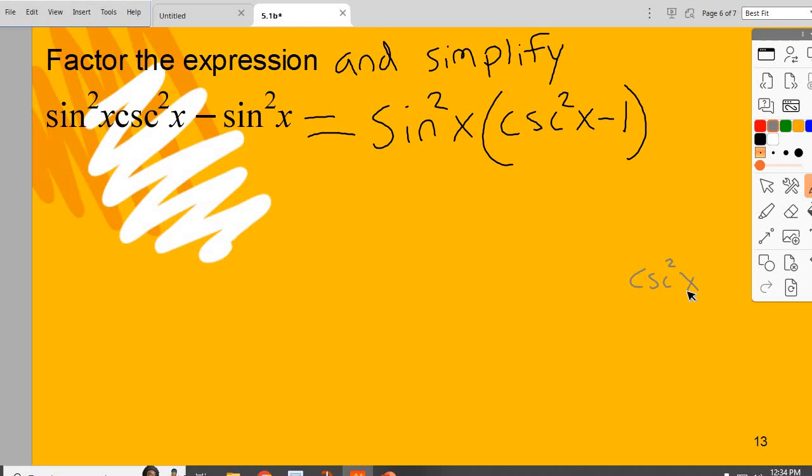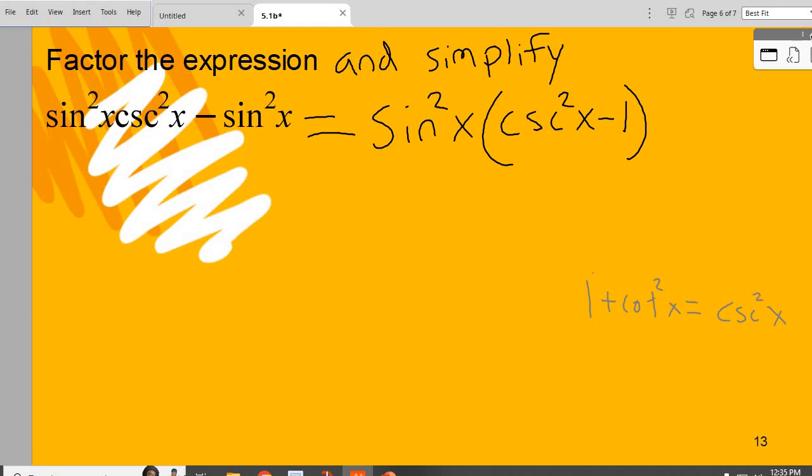So what is our Pythagorean identity that has the cosecant with it? Yes, what is it though? So 1 plus cotangent squared of x equals cosecant squared of x, yes? But how would I get my cosecant squared and my 1 on the same side?